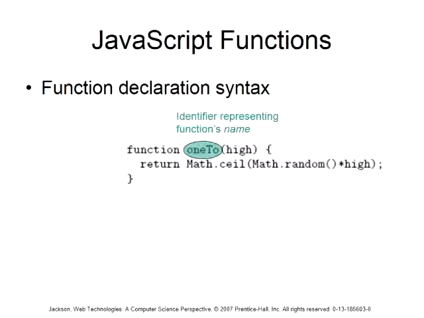So to declare a function in JavaScript, we use the keyword function. After that, the identifier representing the function name. After that, the parameter list of the function.